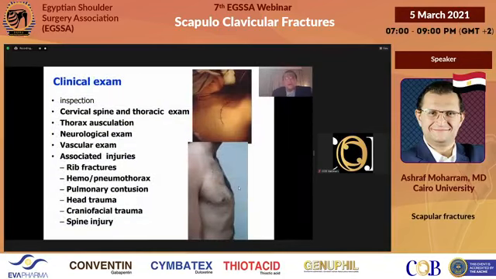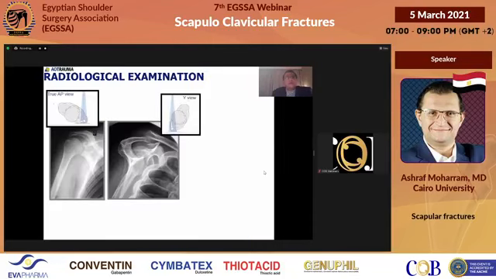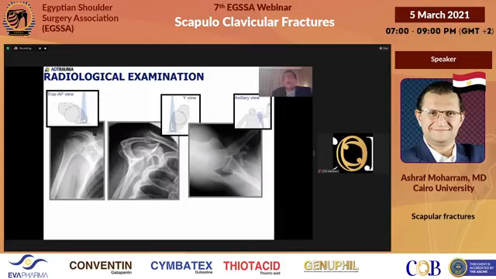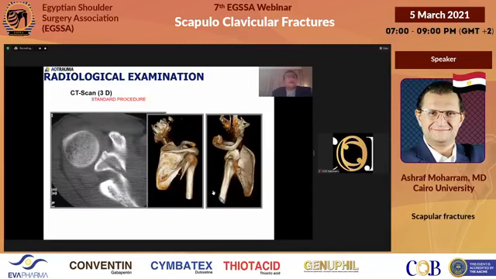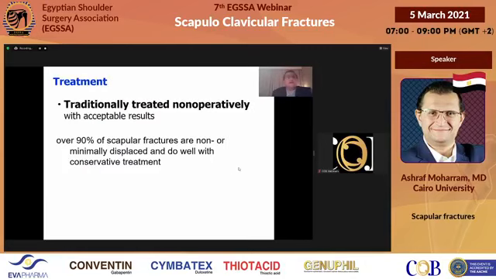Clinical examination is very important to detect neurovascular status, associated fractures and other injuries as well. X-rays, we usually need a true AP and a Y view. It's not common or easy to have an axillary view in these patients with scapular fractures. CT scans are standard with 3D reconstruction to evaluate these injuries.